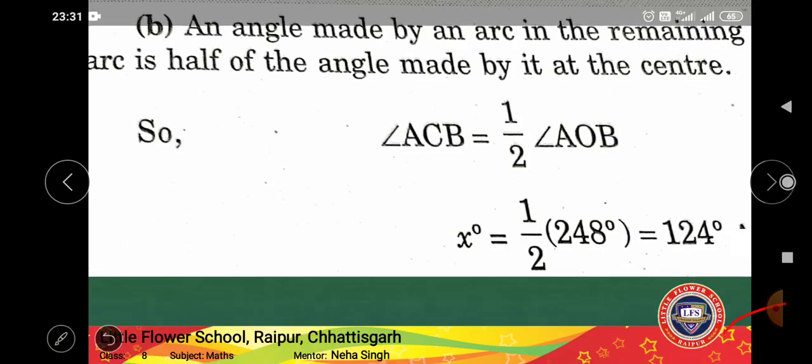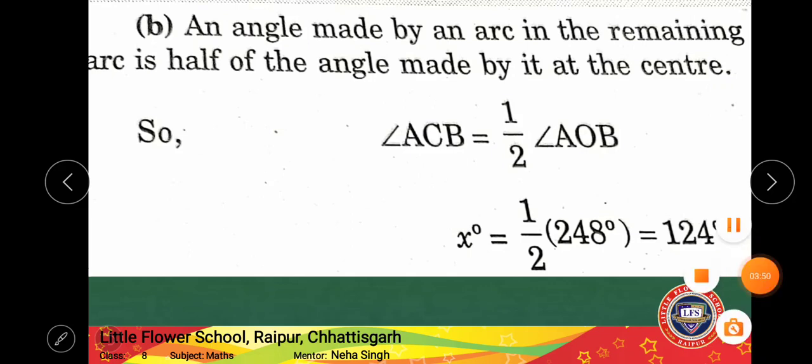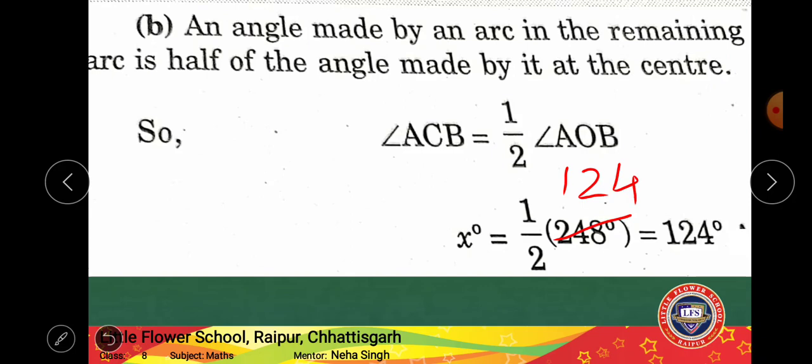Similarly is the third part. So half of 248 degrees, that is, 2 ones are 2, 2 twos are 4, 2 fours are 8, 124 degrees. Okay.